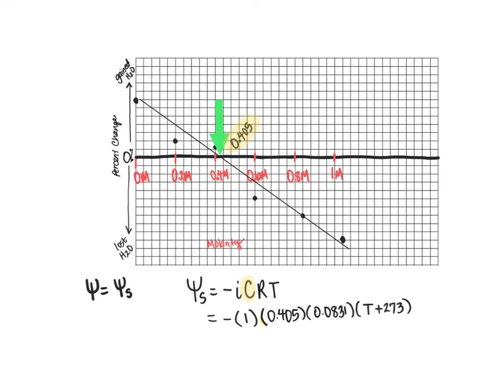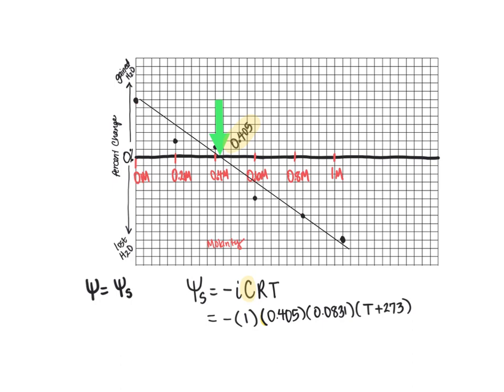The temperature that the lab was conducted at is also given to you in your background data. So I'm not going to enter any value here because my number will be different than yours. That represents the temperature in Celsius, and to convert to Kelvin, we add 273. Once you have figured out what that temperature is, all you need to do is just type this entire equation into your calculator and you will get your solute potential.